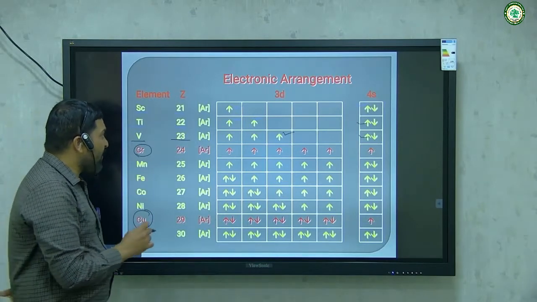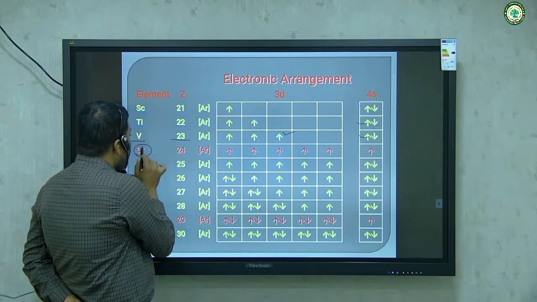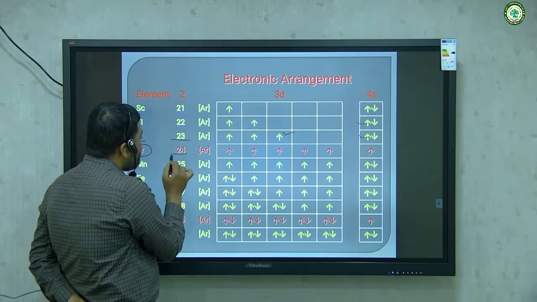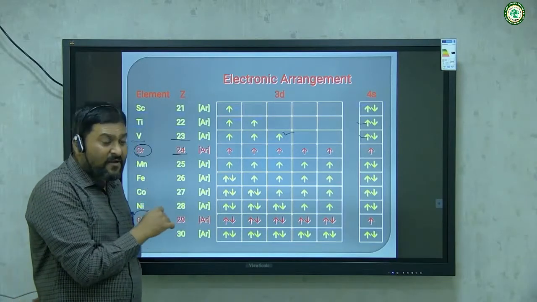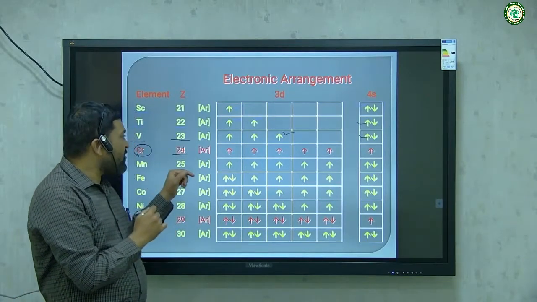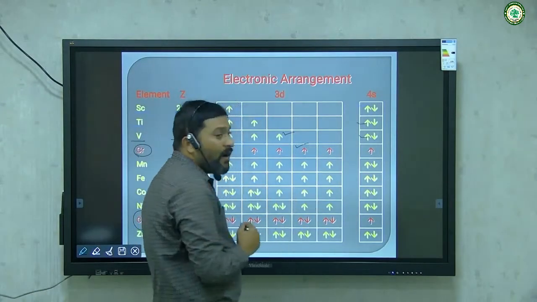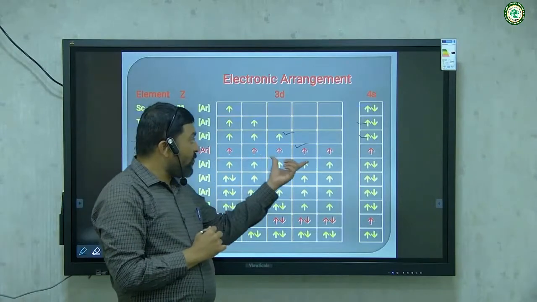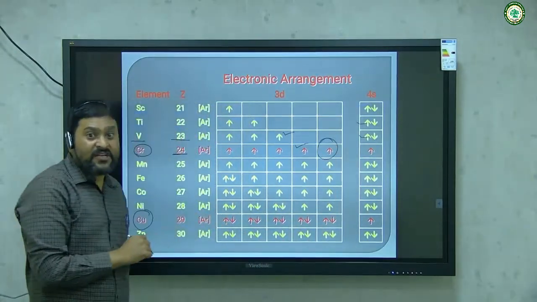According to our expectation, in case of vanadium, 3d3 will be there. After vanadium, chromium is there, the atomic number is 24. Our expectation for chromium is that the electronic configuration will be 3d4, but the observed electronic configuration is 3d5. That is the change here.